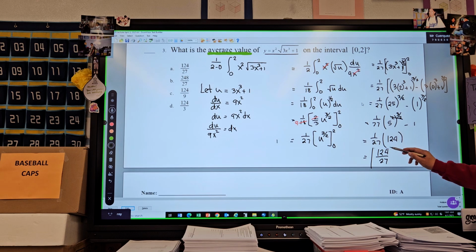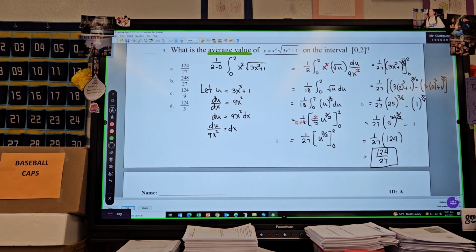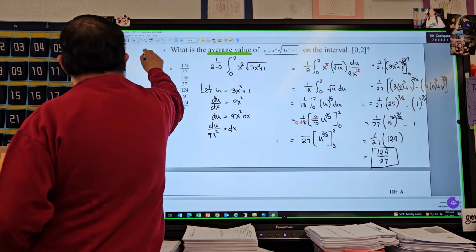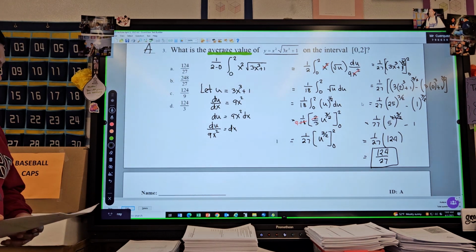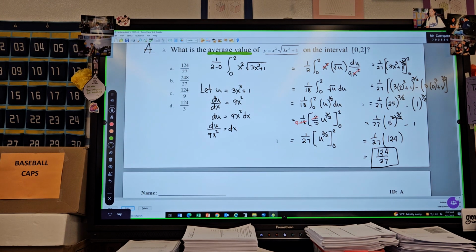So again guys, this is non-calculator active, so I just want you to express your answer in fraction. So letter A? Yep.